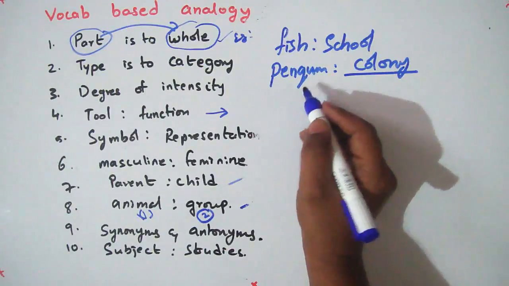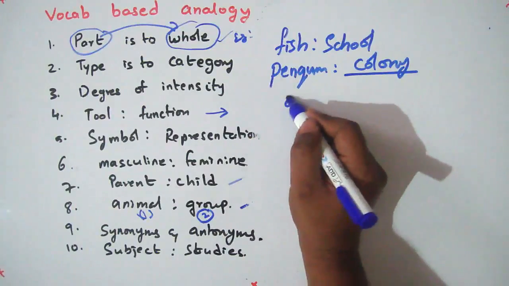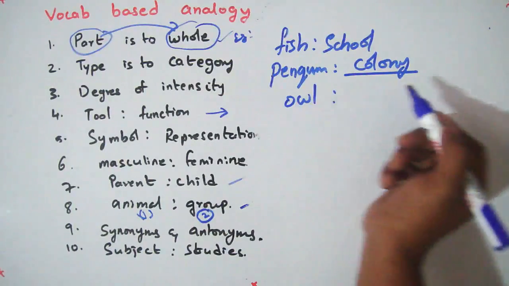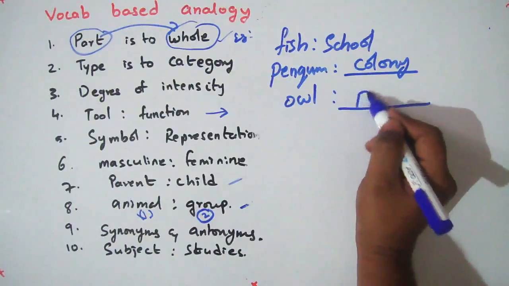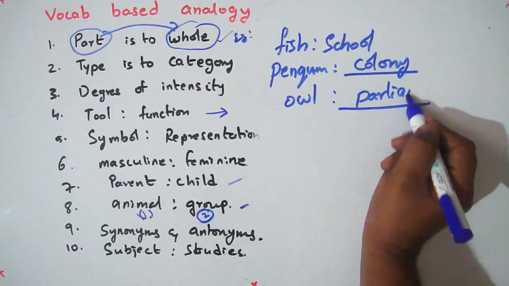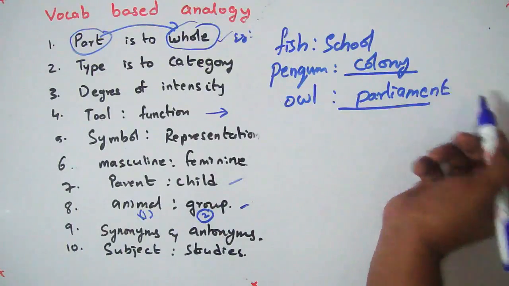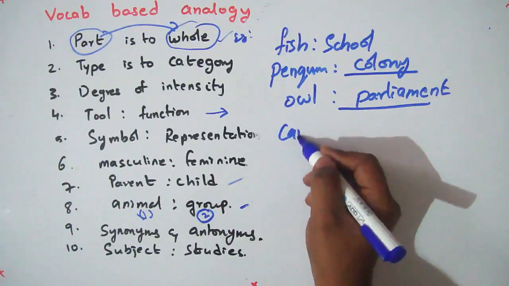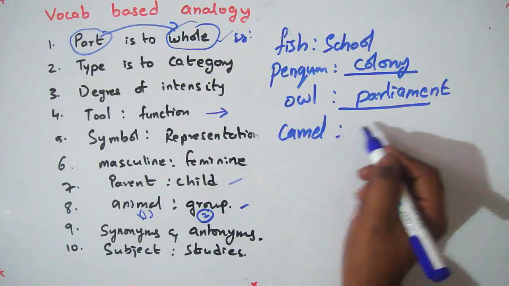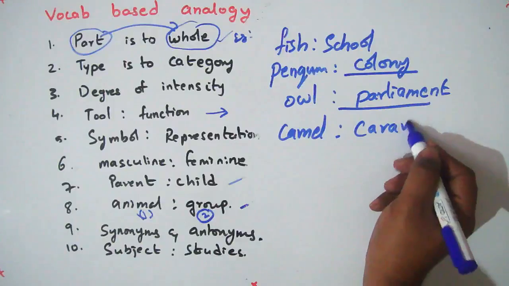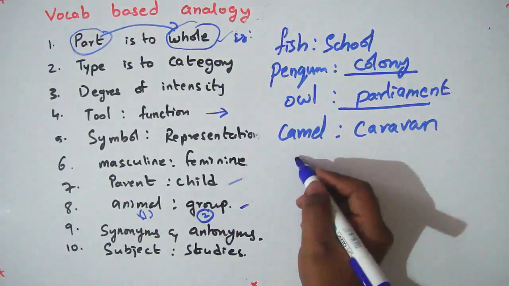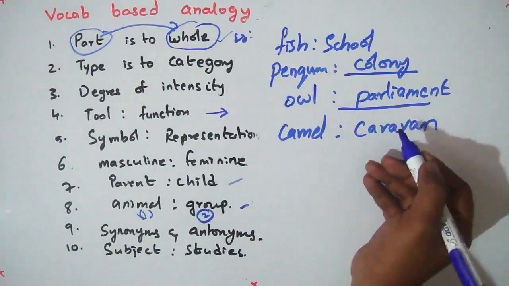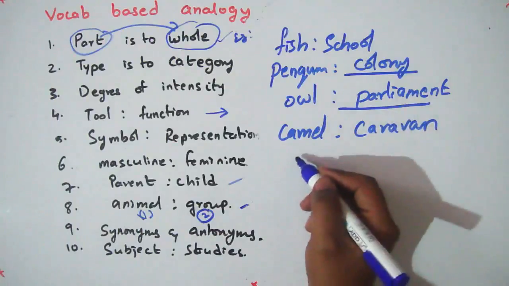A group of owls is called a parliament, friends. Parliament, yes. And a group of camels is called a caravan. The same way, there are unique names for everything, friends.